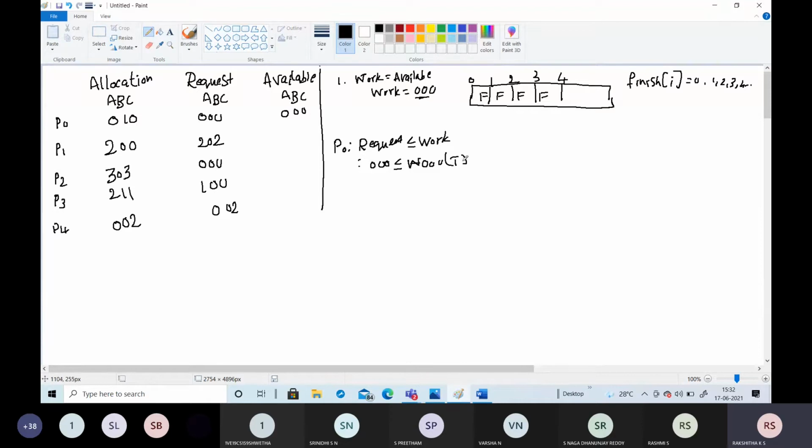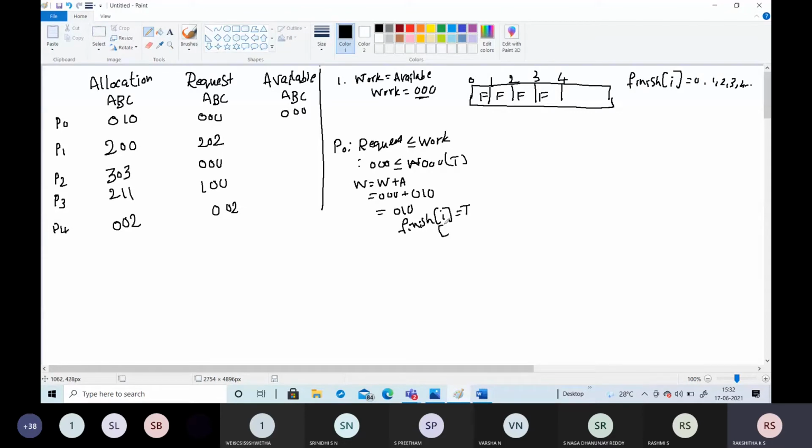If that condition is true, then we calculate Work equals Work plus Allocation. So Work is 0 plus the allocation for P0, that is 0, 1, 0. So now the value is 0, 1, 0.